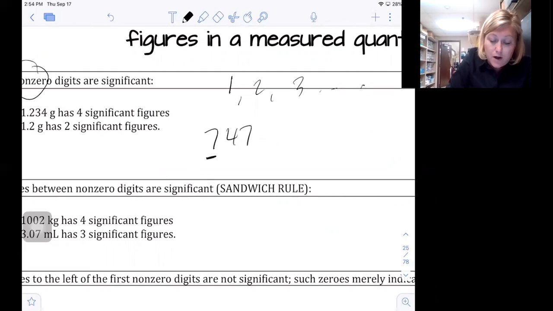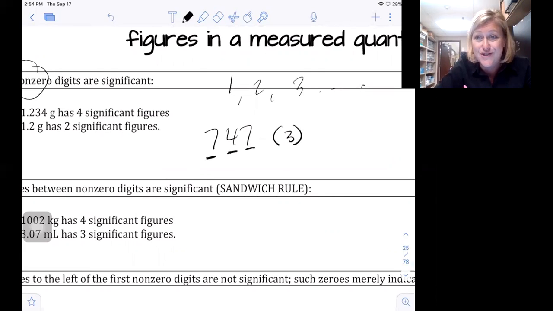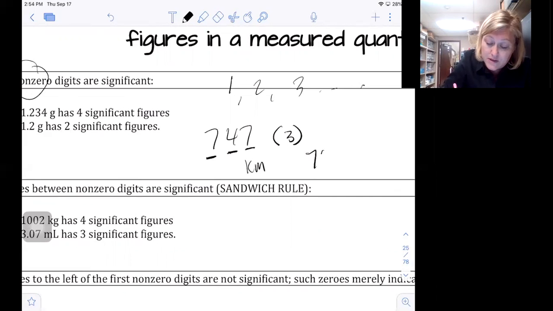So this one would have 1, 2, 3 significant digits. That means that you used a ruler and were able to measure exactly 747, I don't know, kilometers. Okay, it's pretty specific, pretty precise.